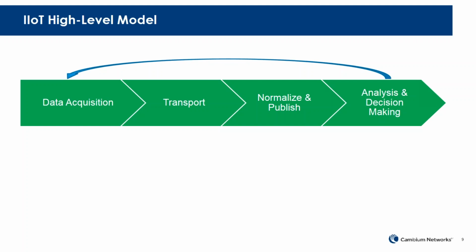So that moves into the transport area. And once it's transported back to the cloud, the first level at the cloud is to take that information and normalize it, make sure it's all in the same format, and then publish it to all of the different potential users of that data. And that's where the last bar is, where it talks about analysis and decision making.